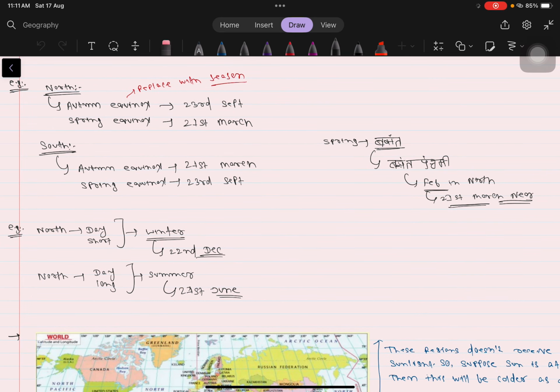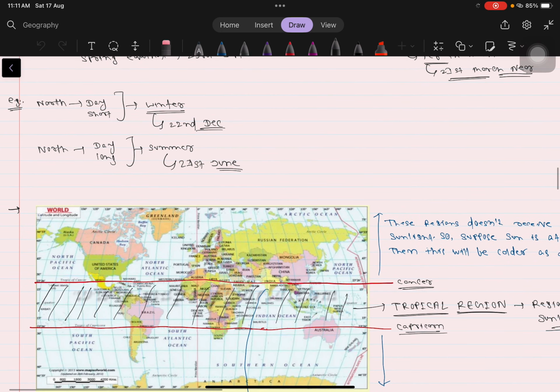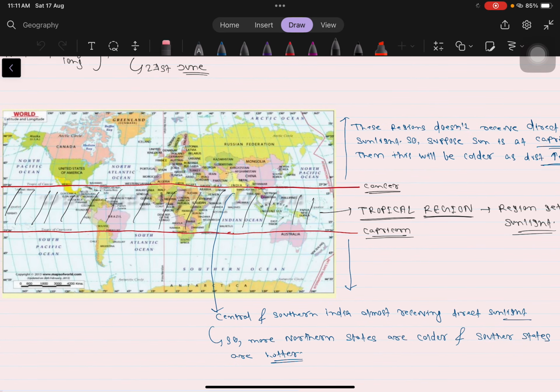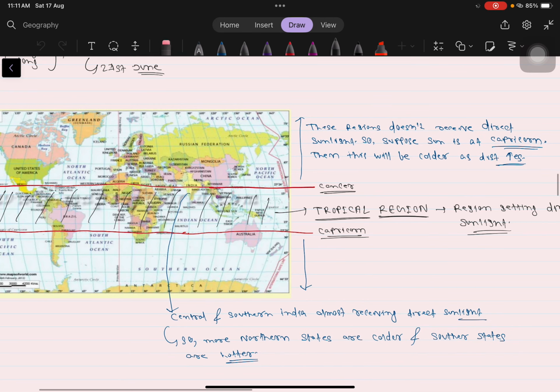Now in the northern hemisphere, the shortest day will be in winter, that is 22nd December, and the longest day will be in summer, that is 21st June. The area between the Tropic of Cancer and Tropic of Capricorn is called the tropical region.